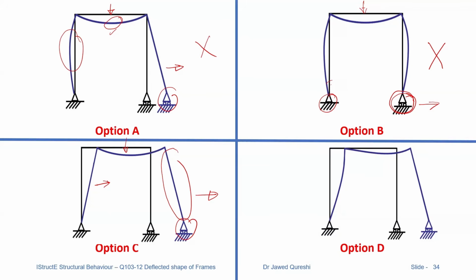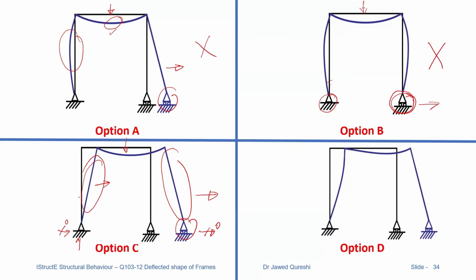And certainly it will not bend because we have 0 horizontal reaction over here. If the horizontal reaction is 0, it means that this pin support will not have any reaction as well. So when it doesn't have any reaction, it means that this is not going to bend. When we have reaction, then it will bend.